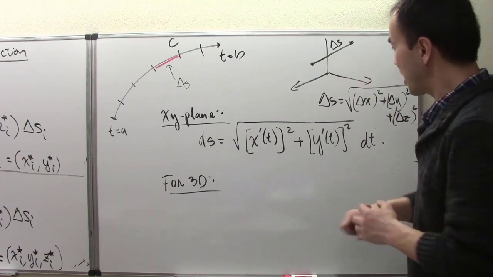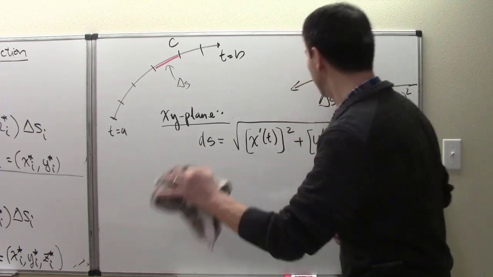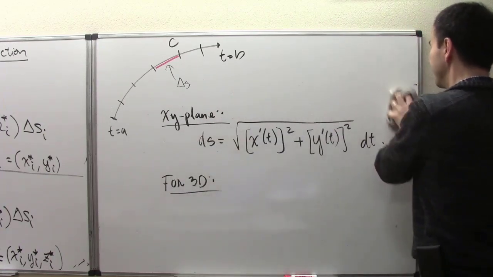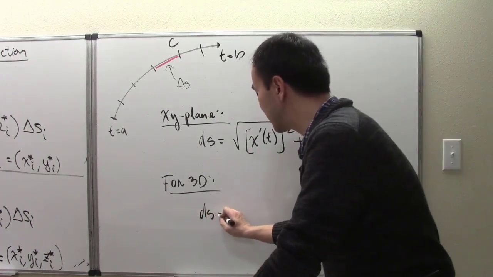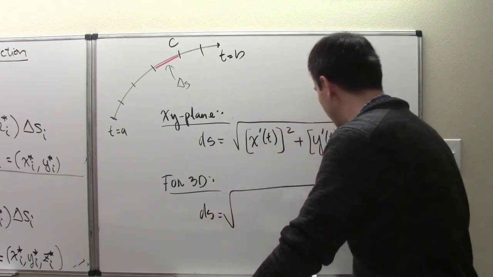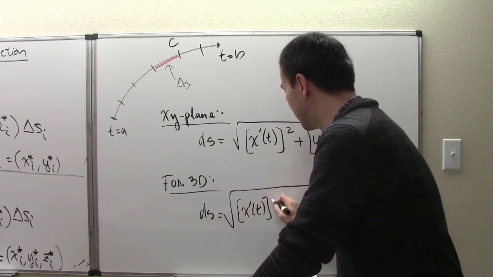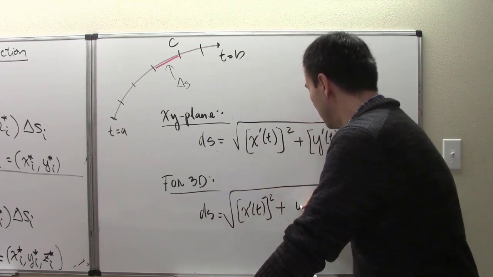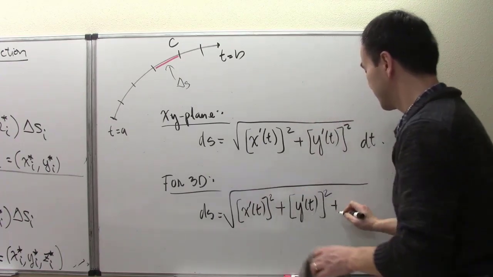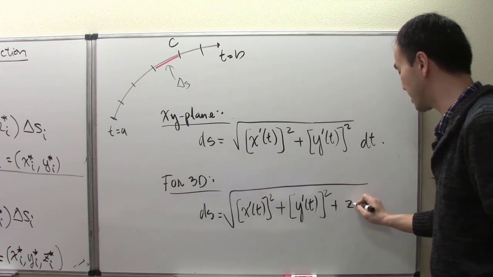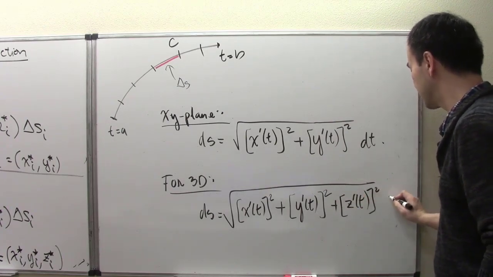And with very similar arguments, we come to the following: ds in 3D is the square root of x prime of t squared plus y prime of t squared plus the third component, z prime of t squared, dt.